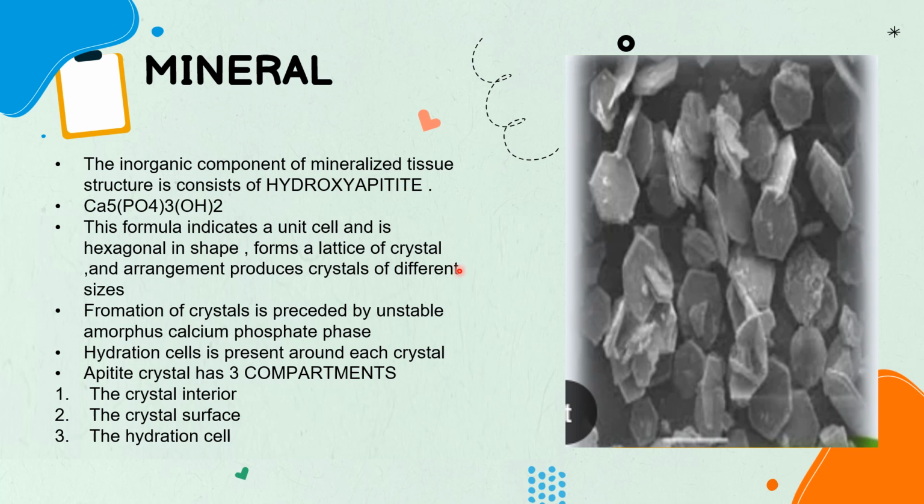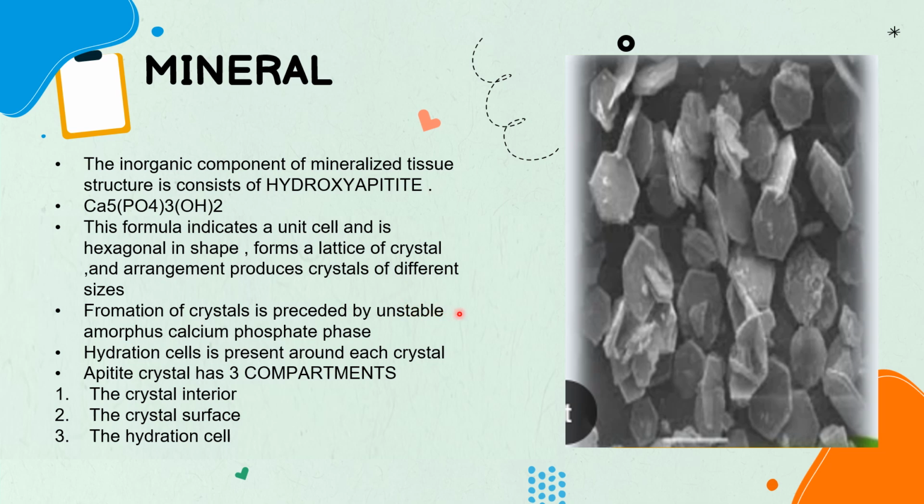This single unit cell is hexagonal in shape, and when these hexagonal shape crystals are stacked together they form a crystal lattice, and different arrangements of these crystal lattices form different sizes and different shapes of crystals.